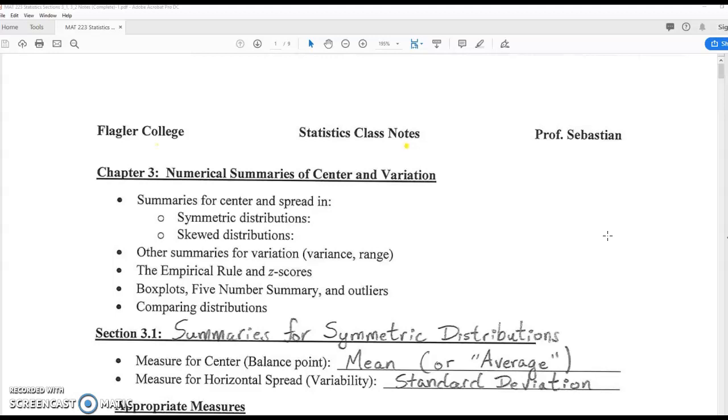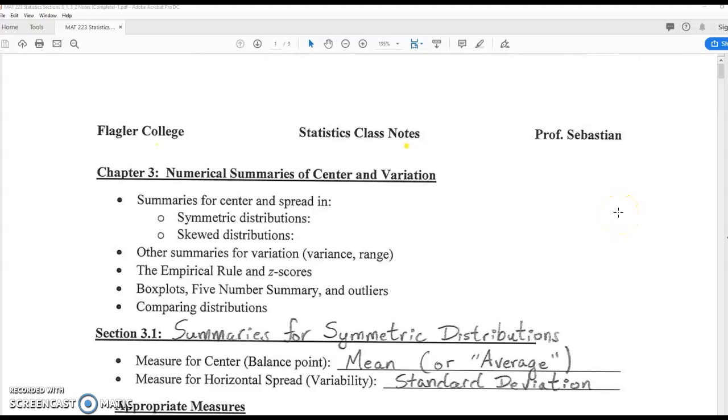We are now on page 27 of your class notes and we're starting chapter 3, numerical summaries of center and variation. Remember that chapter 2 was what I call the summarize and visualize chapter. We learned how to visualize numerical data through histograms, dot plots, or stem plots, and then summarize numerical data with shape, center, and spread.